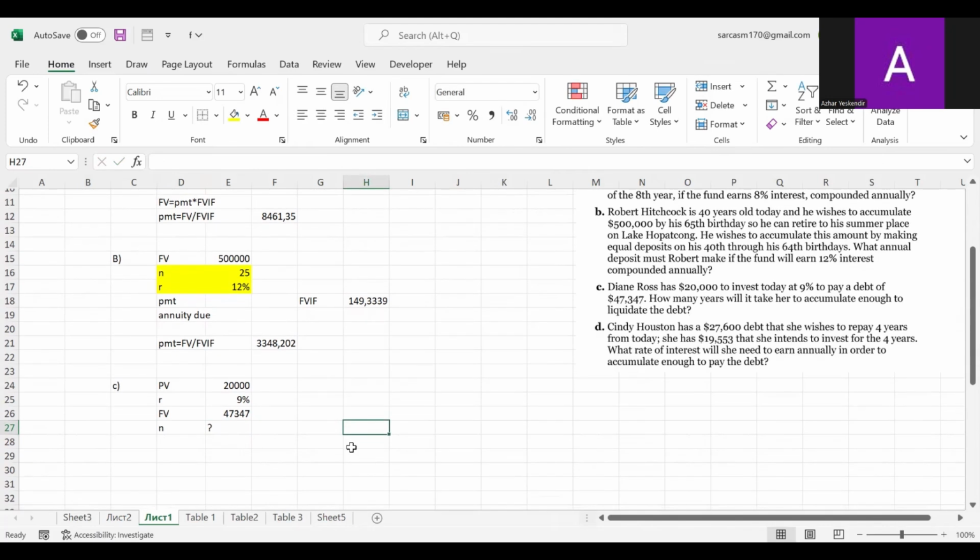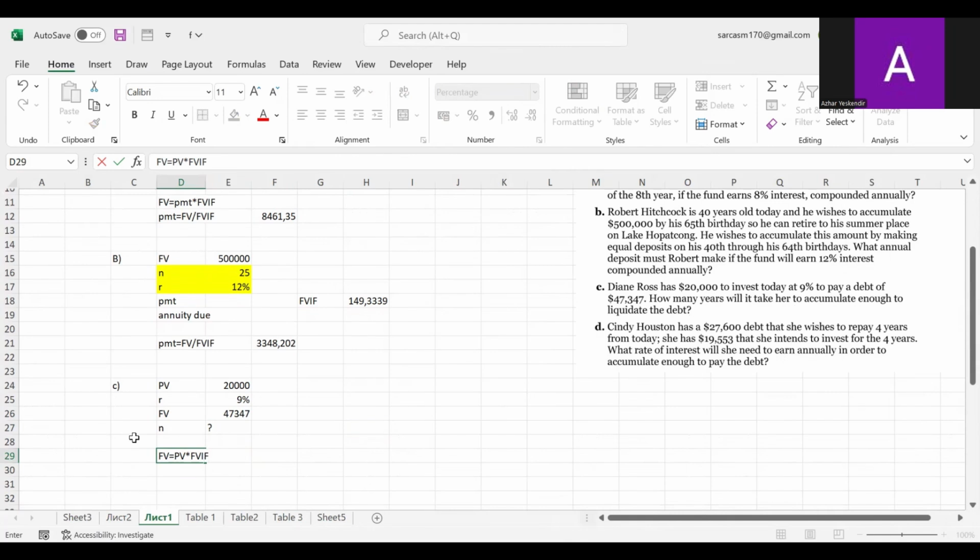We have a formula again that future value equals present value multiplied by the future value interest factor.